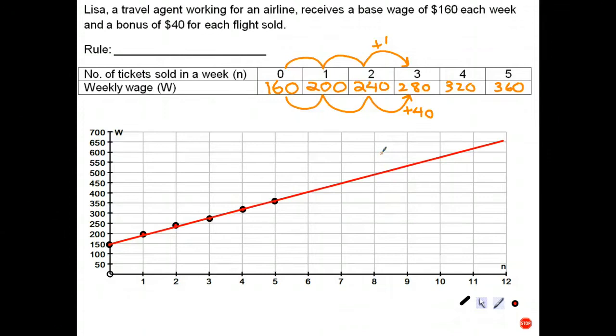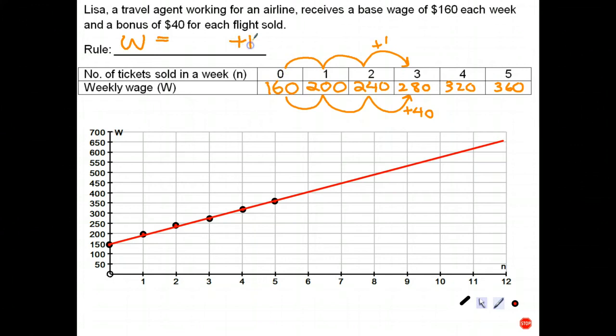Okay, the last thing we have to do is to find out what the rule is. Well, we're trying to find the weekly wage based on the number of tickets sold. So the rule is going to be, got to get to my writing tool now, weekly wage W, and I want that to be gold. The weekly wage W. Now once again, when she doesn't sell any tickets at all, then she still earns $160.